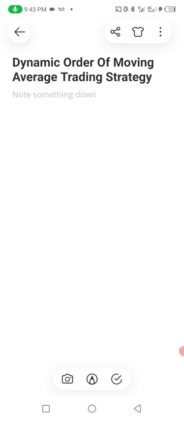The higher the time frame, the more chaotic the order will be. The lower the time frame, the more arranged the order will be.